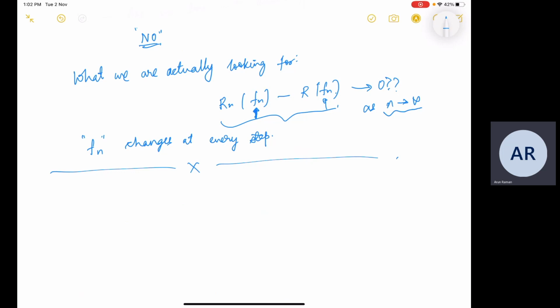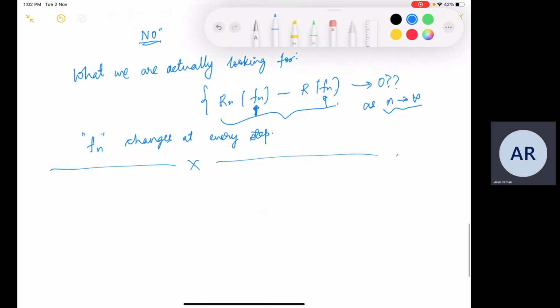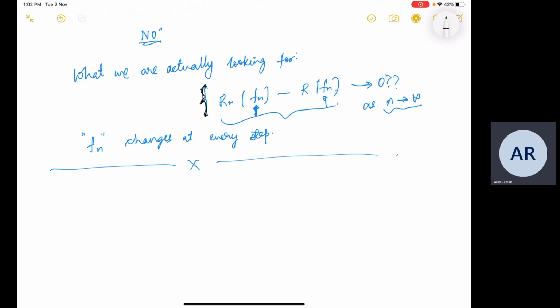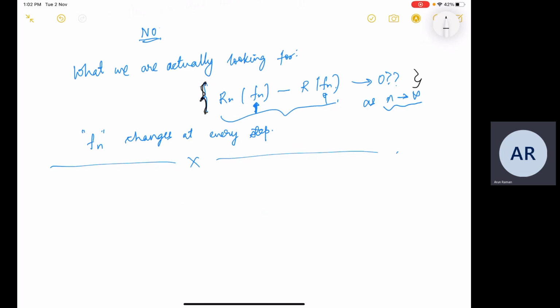So this is the expression of our interest, and our algorithm will be searching for functions inside the function class script F. Since the function is changing at every time step, we cannot directly apply the law of large numbers and all those things.